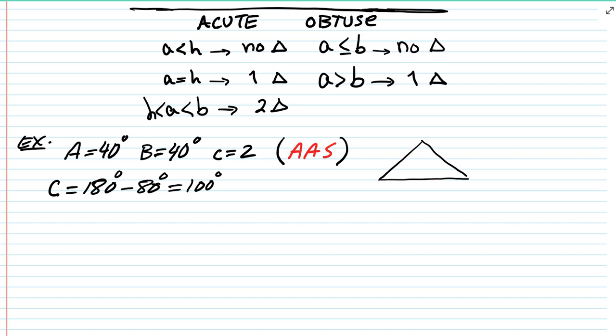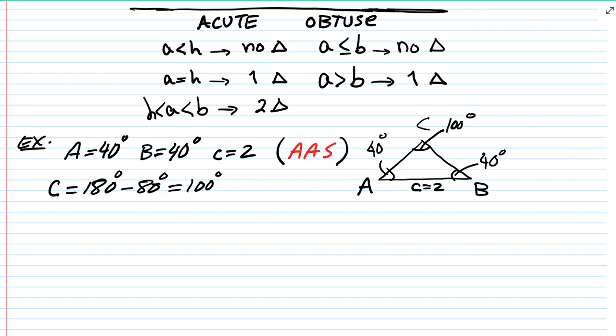And let me do this. Suppose this is 40, this is 40, here's A, here's B, that's C. Well, it's 100 degrees. There you go. Now we're given C is 2.